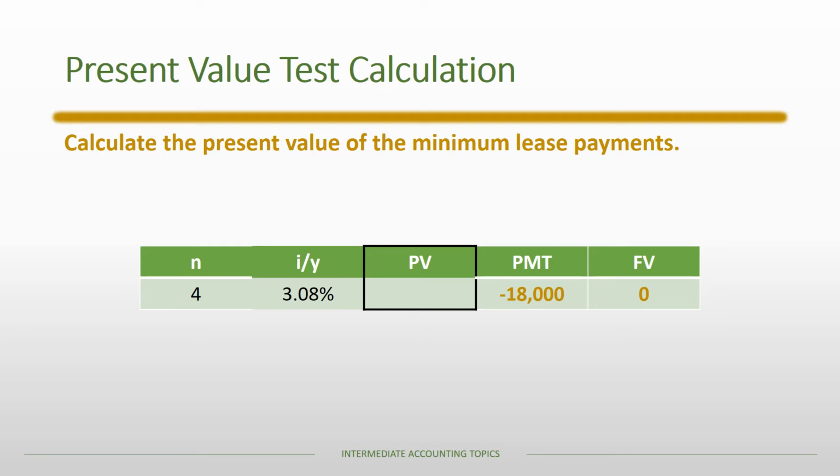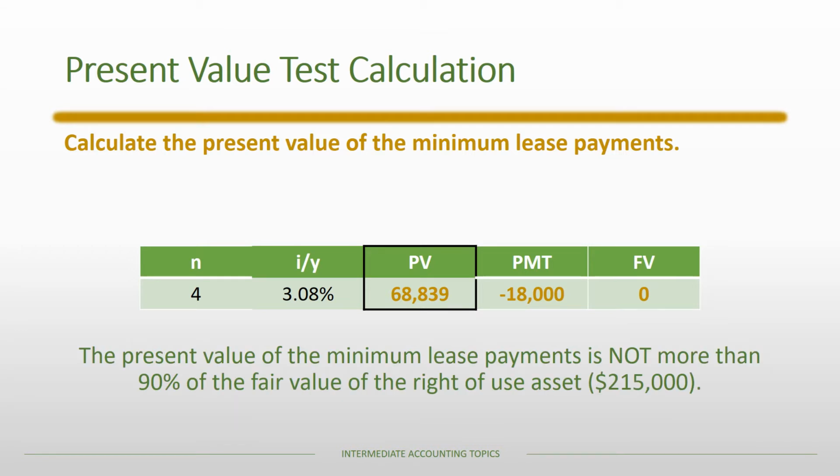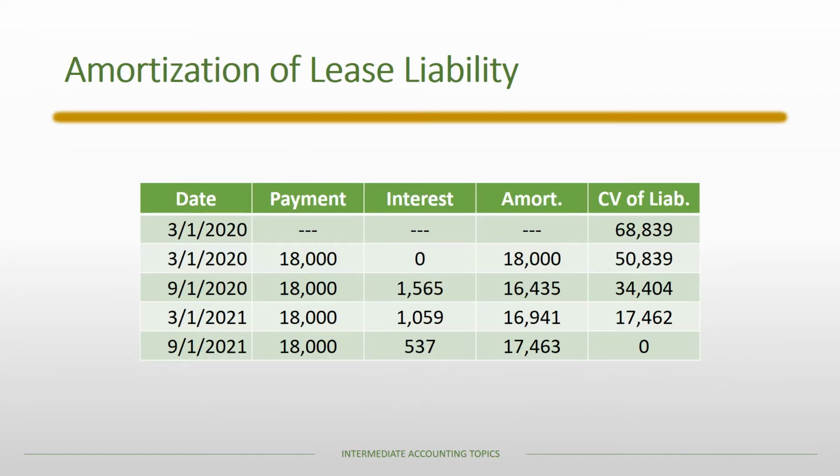And so the present value of the minimum lease payments is $68,839. Of course, $68,839 is nowhere near 90% of the fair value of the right of use asset, and therefore this is an operating lease.